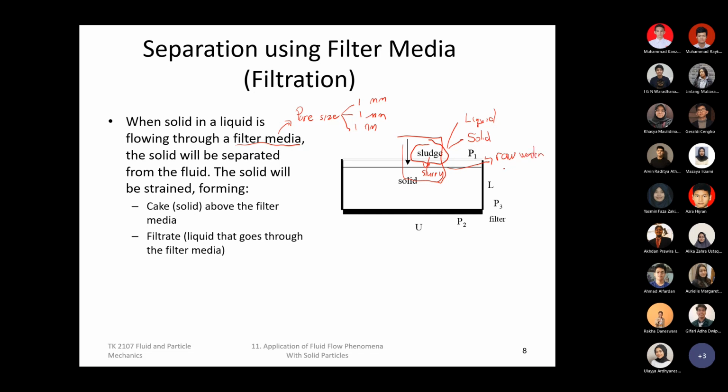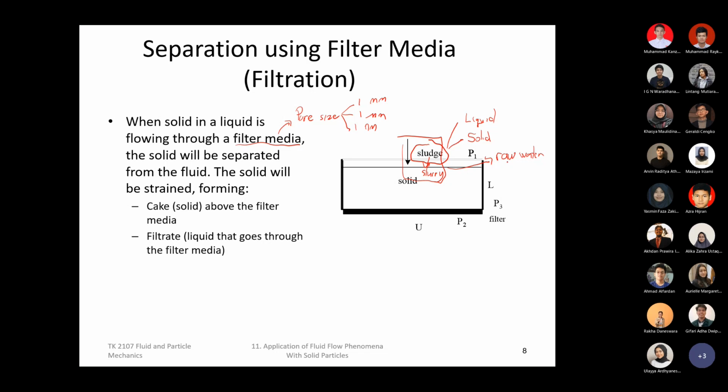You can imagine water from a well, or even water from a river. If you take a sample of water from a river, it must contain some solid that has to be separated if you want to use it for cleaning, for drinking, for toilet and so on.